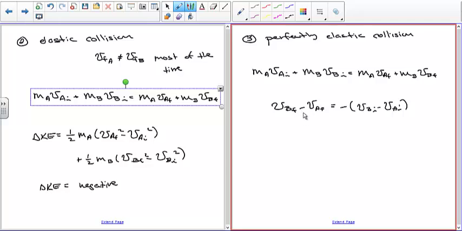So you can see it's the relative velocity between the two objects finally is equal to negative the relative velocity between the two objects initially. So, as you remember in class, typically you're given 2 out of the 4 velocities, or I could give you 3 out of the 4 velocities and 1 mass, or any combination, so that I end up with 2 unknowns.